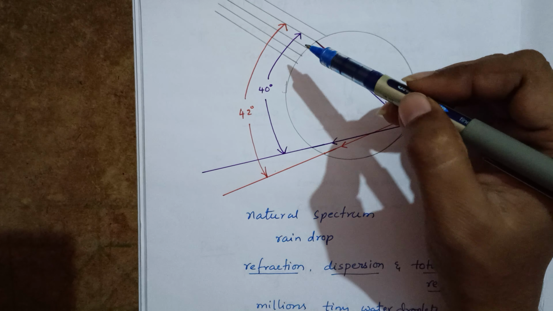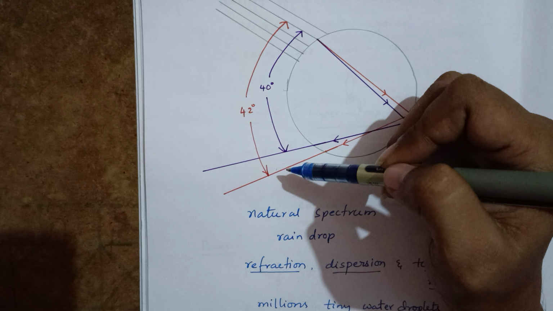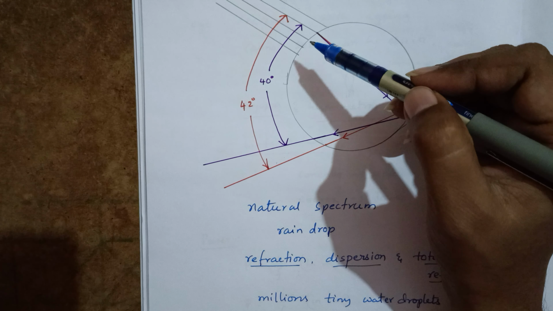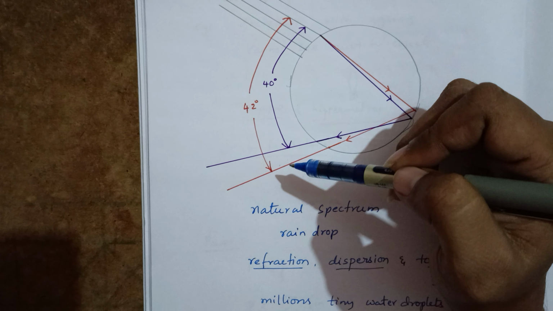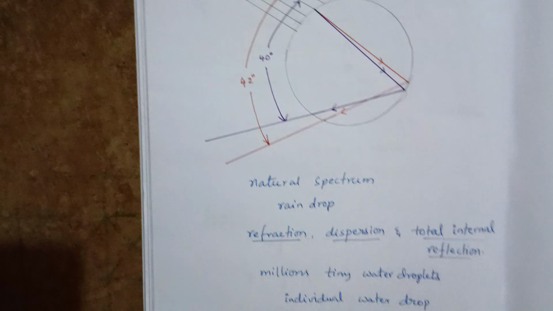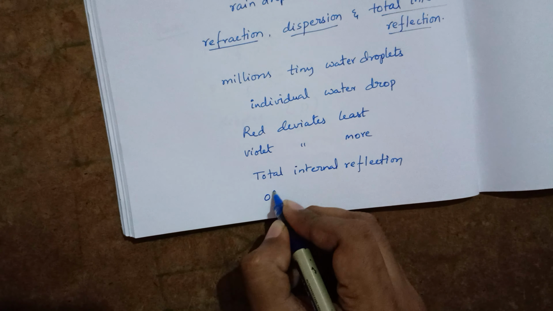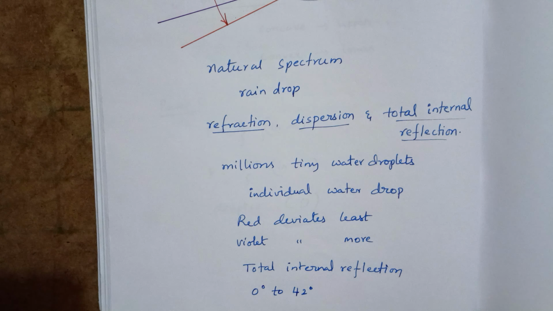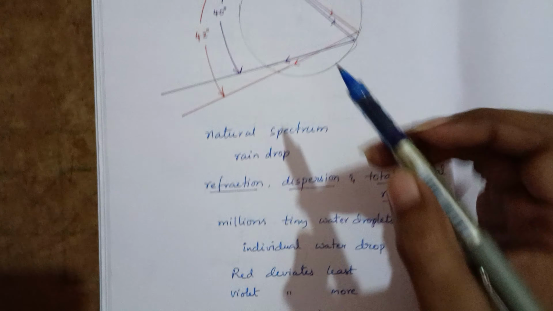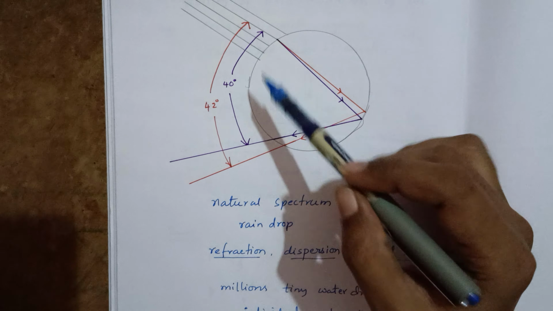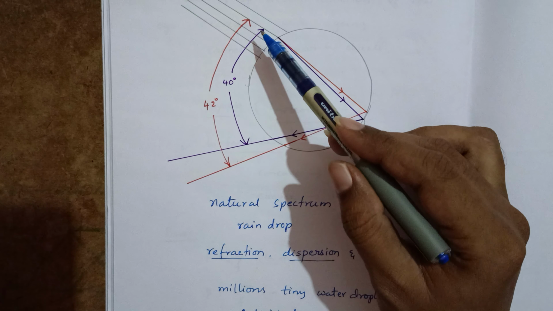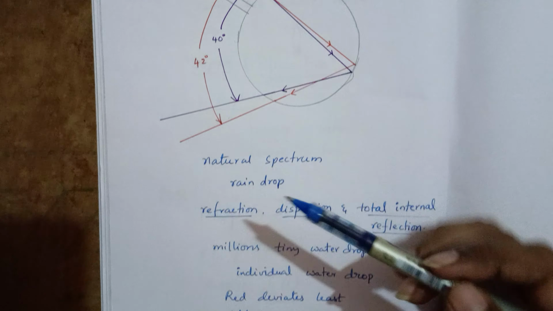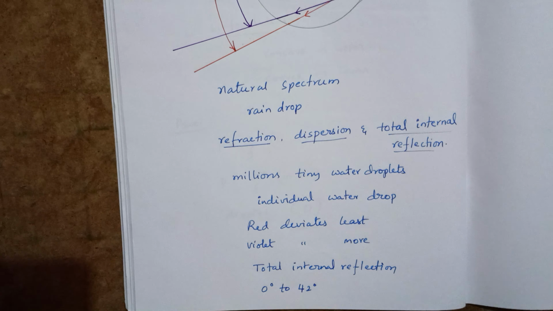The angle between the incident rays and the emerged rays, the incoming rays and outgoing rays, is anything between 0 degrees to 42 degrees.